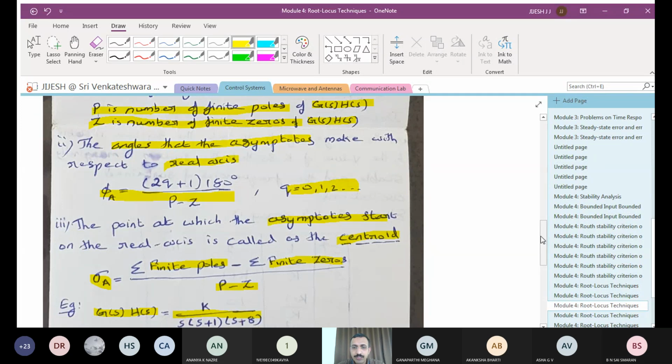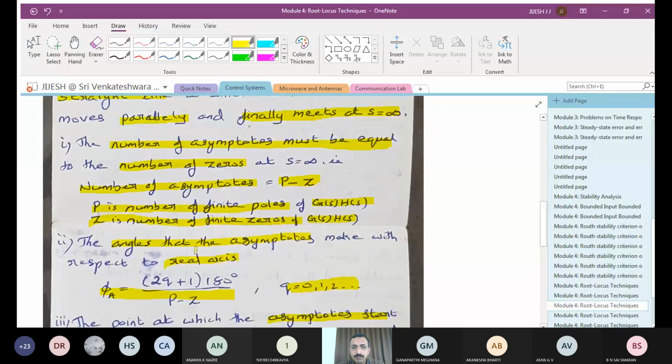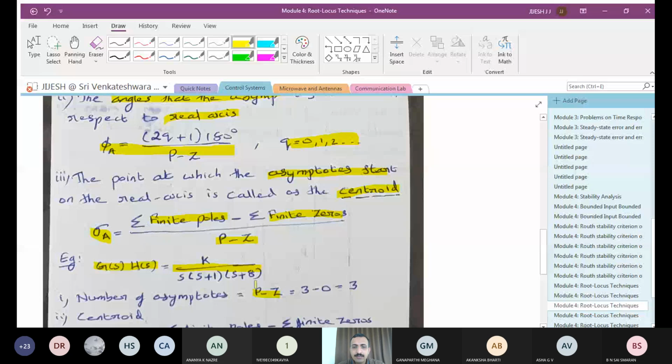So we have to substitute that in the equation. Number of asymptotes is equal to p minus z, the same equation we studied before. Number of poles is 3 and the number of zeros is 0. So 3 minus 0, and that will be 3.